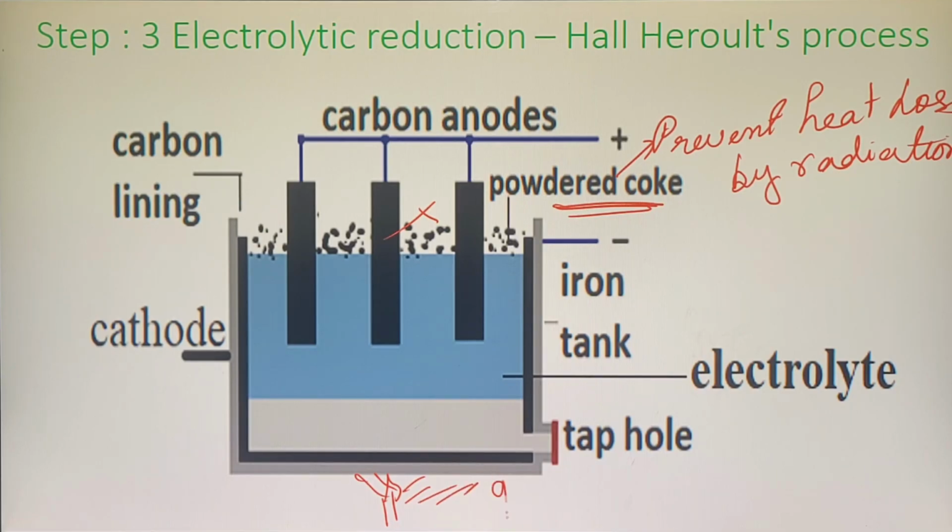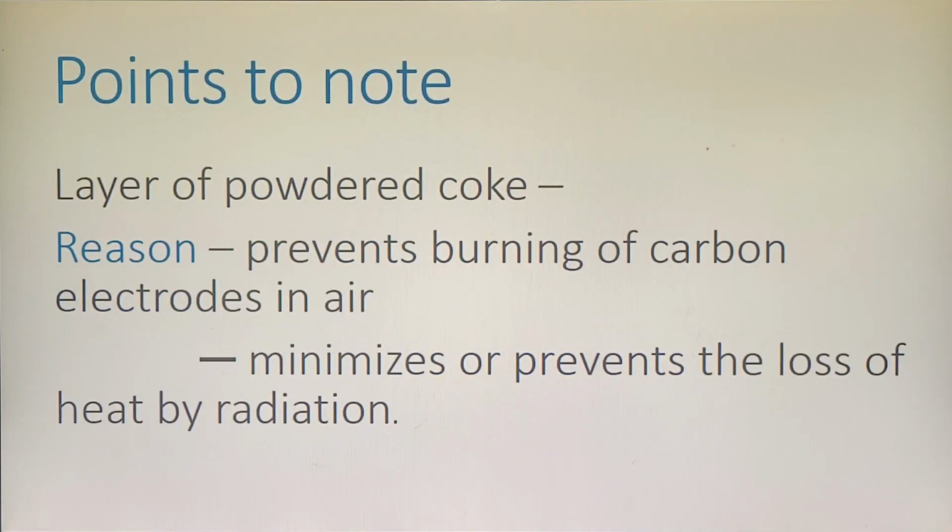At what temperature? I need to maintain it at 950 degrees Celsius. So it prevents the heat from moving out of the electrolytic cell. So what is the word you will write? It prevents heat loss by radiation. Please remember the first reason, it prevents the heat loss by radiation.